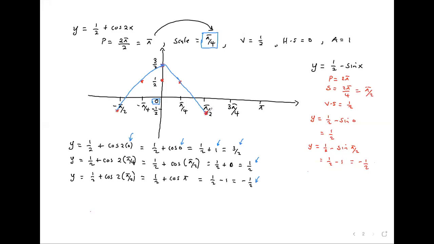And then when it is negative pi/2, you guys, if you remember very well, we discussed that sine negative x is the same as negative sine x. So when the negative comes out, we'll have plus sine 90. But that is just 1, giving us 3/2. So we have a point that side.